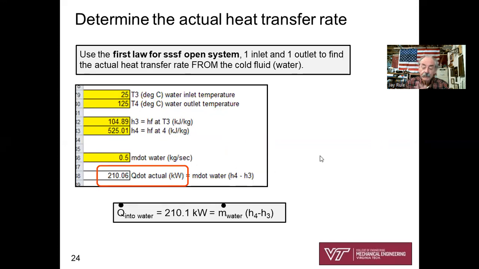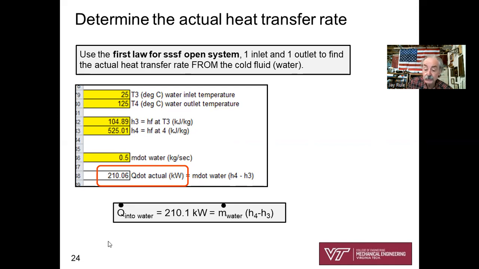First thing we'll do is determine the actual heat transfer. We've studied the input data. We've got our feed water inlet temperatures. We will go to our steam tables and look up h sub f at T3 and h sub f at T4 and write those numbers down. We'll write down our m dot.